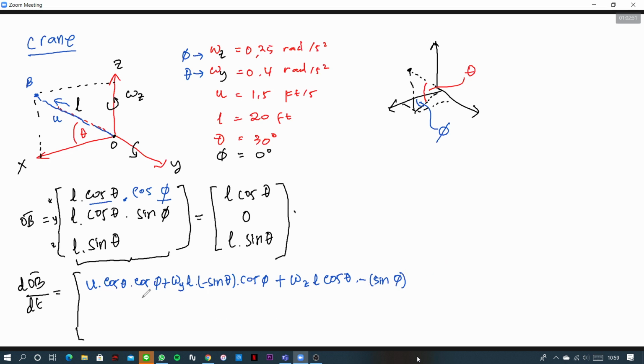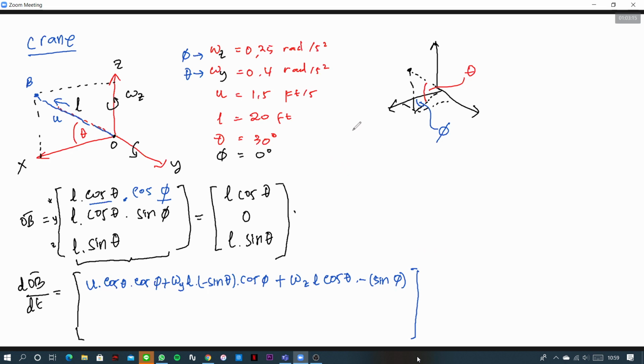Okay, this is the first one, and the second is we have to derive this again with respect to time, and so on. So basically, we have to derive this twice so that we can get accelerations.